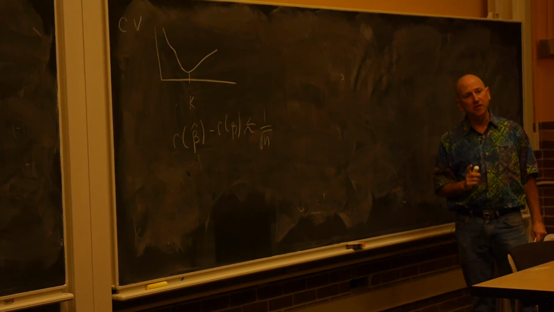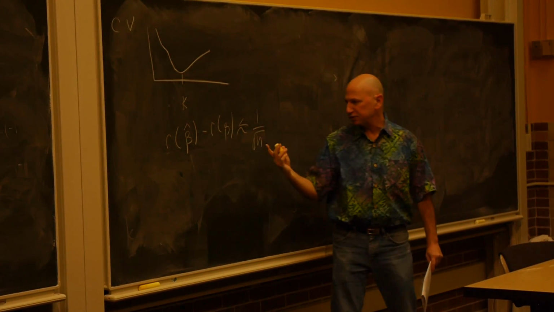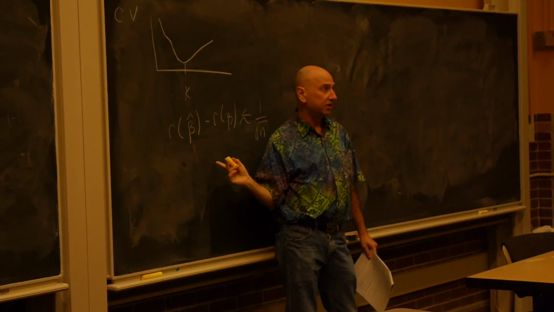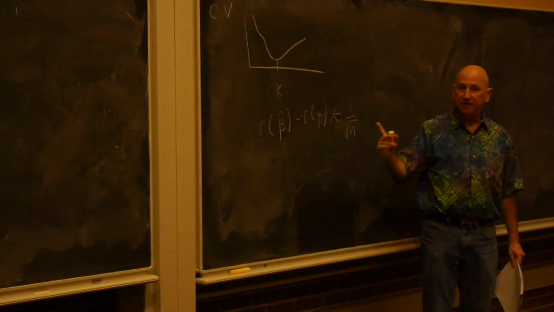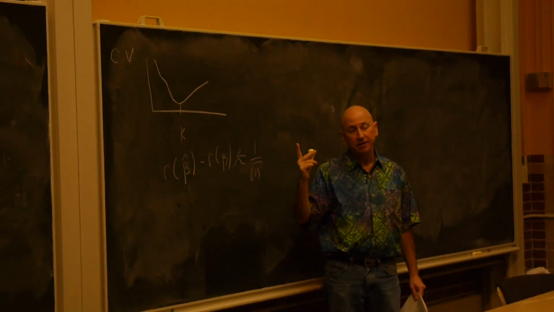Now, people often call this the slow rate because there are other results in regression. Don't forget, these are squared prediction errors. There are a lot of results that get 1 over n. In fact, the last results I gave you last class were of order 1 over n.